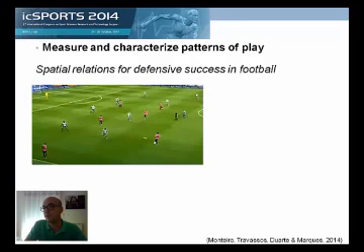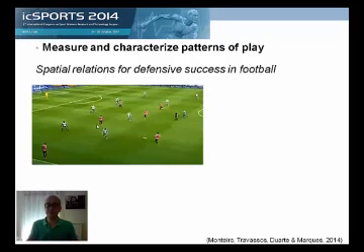Also, we measure the angle between ball carrier, the second defender, and the ball receiver. This angle gives us the distance or the proximity or the variation on the position of each defender in relation to ball carrier and ball receiver, or in relation to the passing line, if you want.